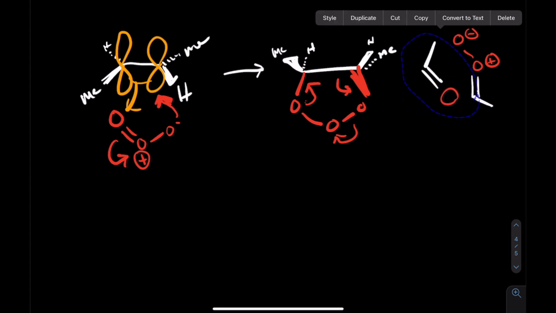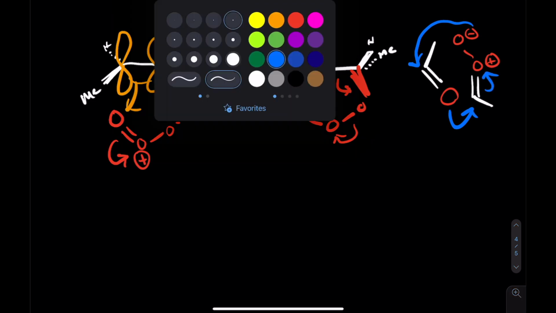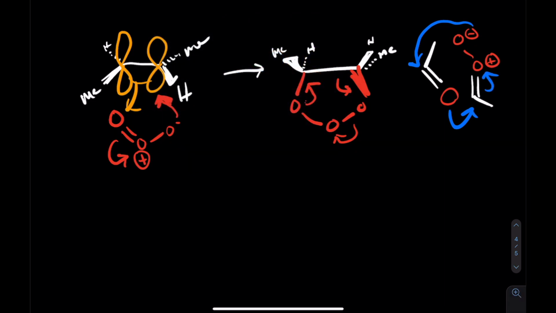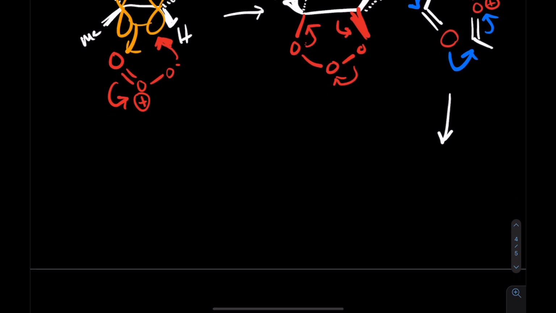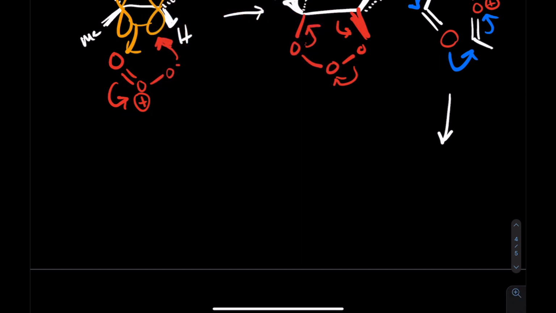And then you end up with an attack on there. Well, end up with initially an attack on that carbon, and then that oxygen attacks there, and then that attacks back onto that oxygen. And so you end up with an ozonide. The ozonide actually is a bit more stable. In fact, it's very stable. You can isolate it.